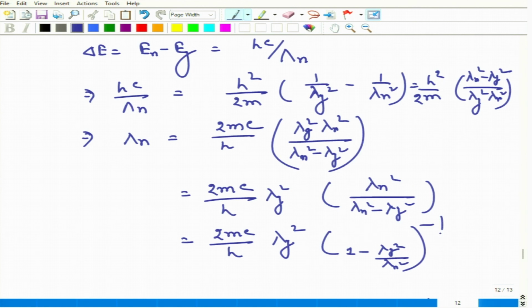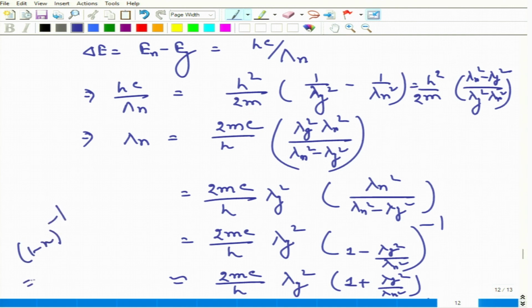For the large value of n, we can approximate this as lambda g square into 1 plus lambda g square divided by lambda n square. This is the approximation: 1 minus x to the power minus 1 is approximately 1 plus x for very small x. So this approximation we have to do, otherwise we can't do this type of problem.